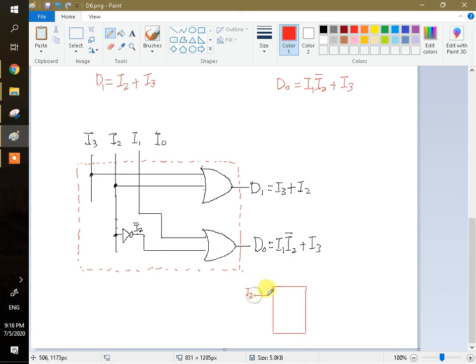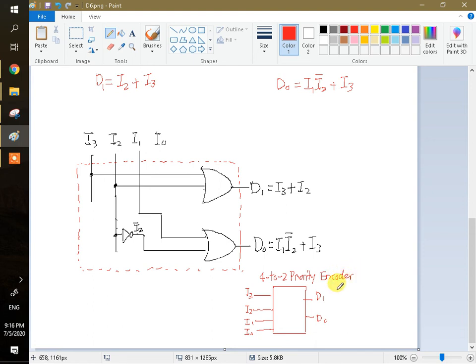I3 input, I2 input, I1 input, I0 input, and then we got two outputs here, D1 and D0. So this is our, how to call this, everything must have a name. This is called 4 to 2, remember the important word, priority encoder.